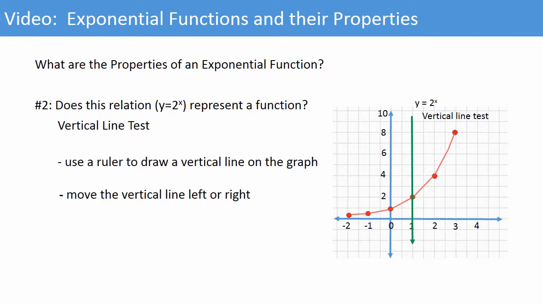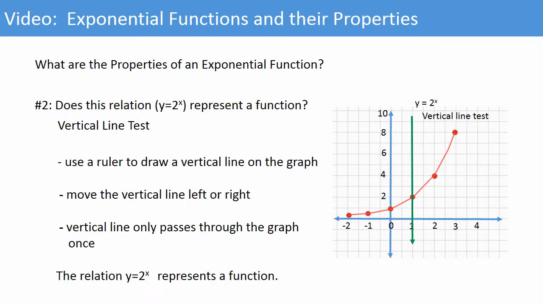Move the vertical line left or right. The vertical line only passes through the graph at one point. That means that it passes the vertical line test, which means the relation y equals 2^x represents a function.